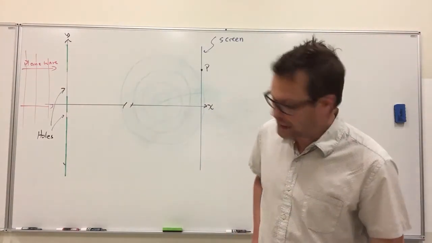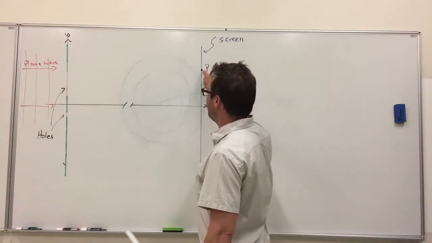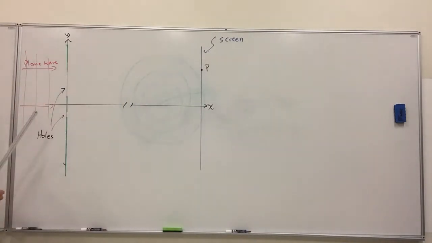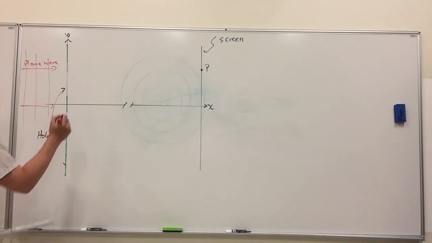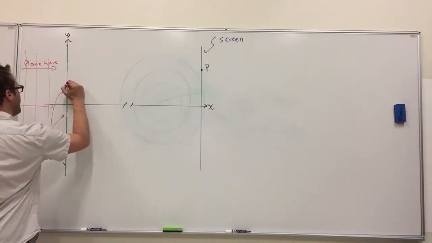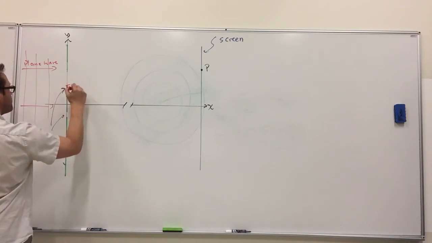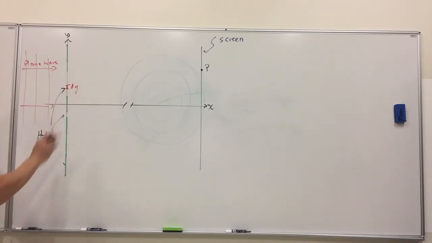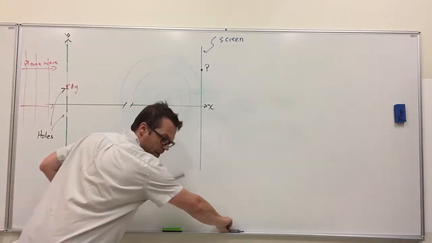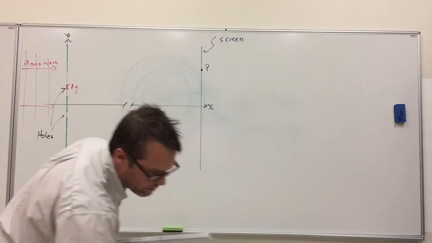All right, so the idea is we want to know what the net electric field is at the point P. So I'm going to divide up my holes into tiny little chunks of length dy. I'm going to make a couple of other definitions here.